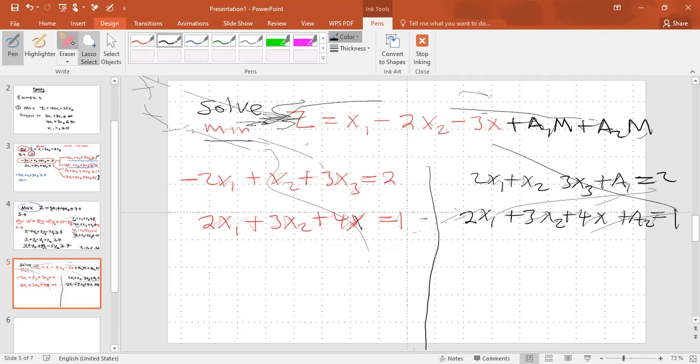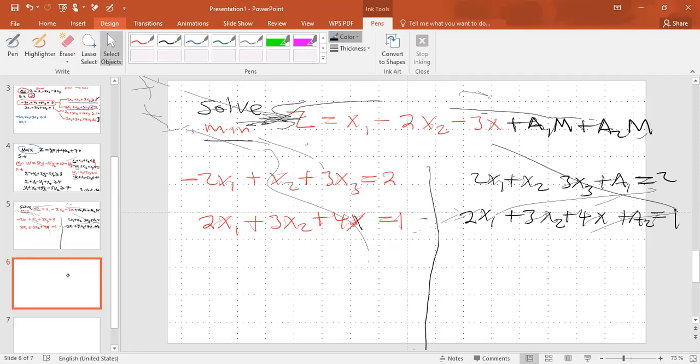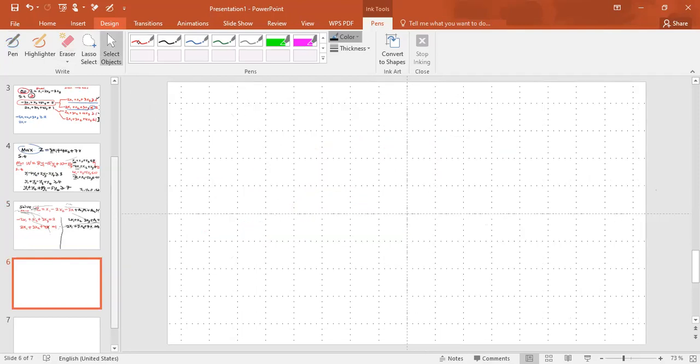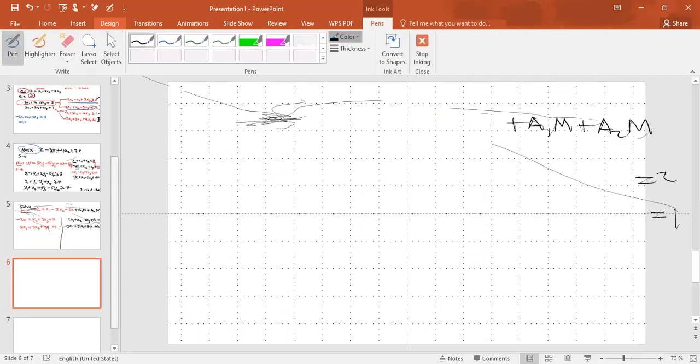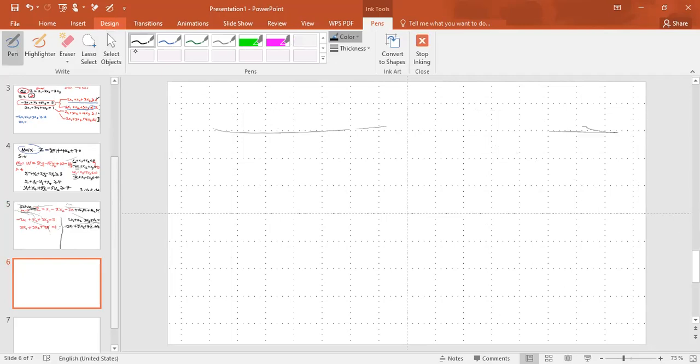So our table will look like this. So we are going to have the basic variable. Down we want to have A1 and A2, because we only have two inequalities.